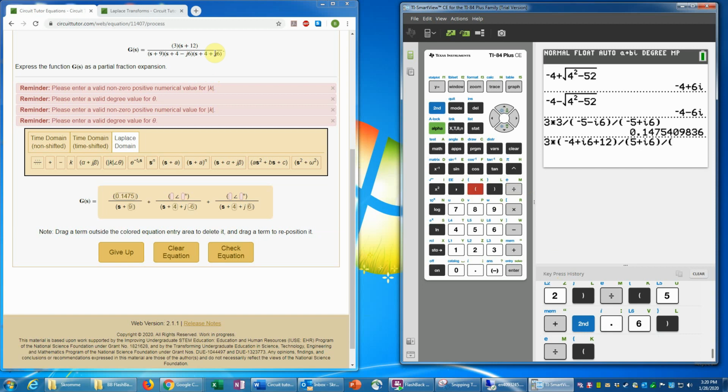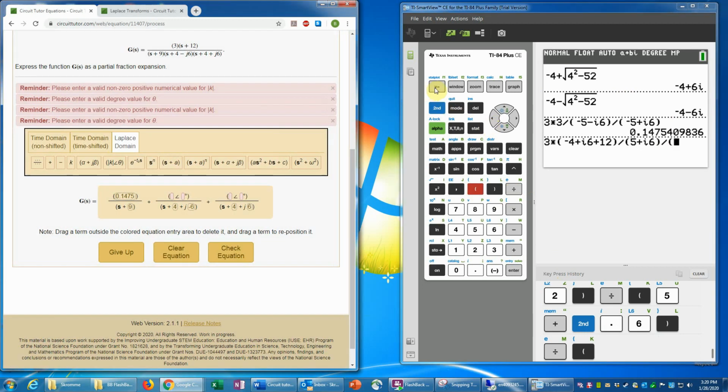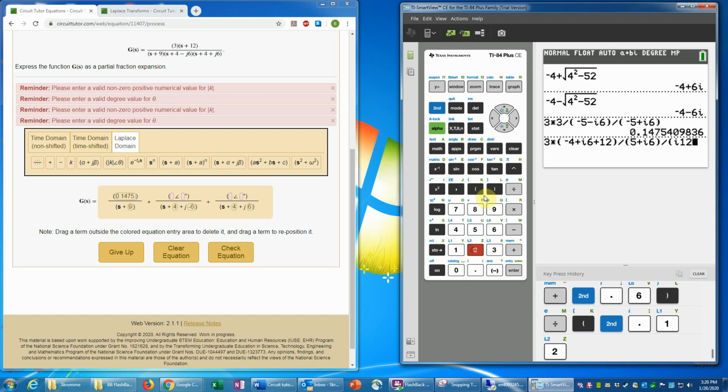And now I have this term. So when I set s equal to negative 4 plus j6, the negative 4 cancels with the plus 4, and then the j6, I'm going to end up with j12, basically. So I have j12 there. And that should be the complete expression.